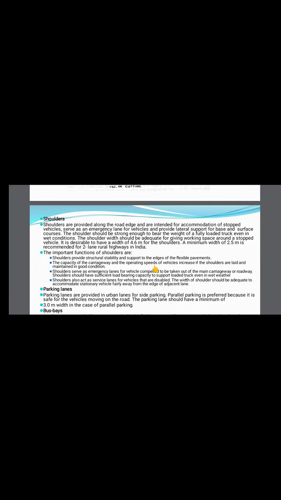So why are shoulders provided? Shoulders are provided to accommodate the vehicles. In case of any emergency, the vehicle should be accommodated at that place and get ready. Also these shoulders are going to support laterally the embankment, and laterally support the road system.